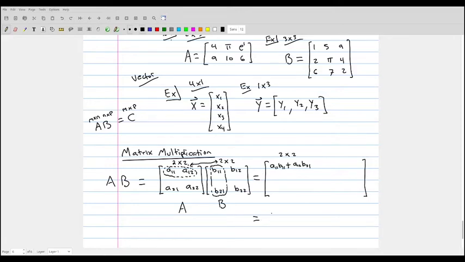And we'll call this multiplication a new matrix C. So we'll call it C11, C12, C21, C22.